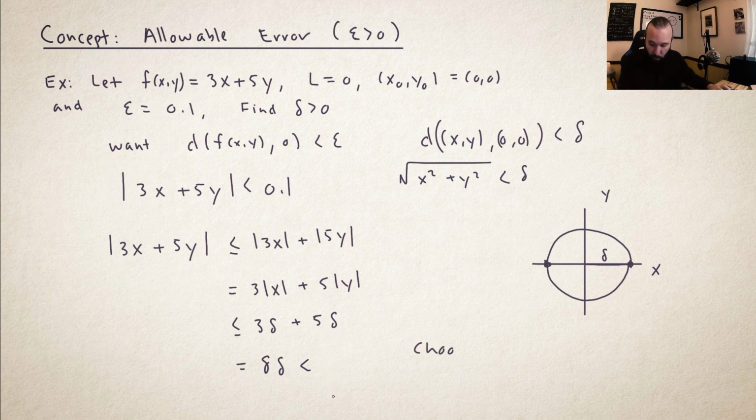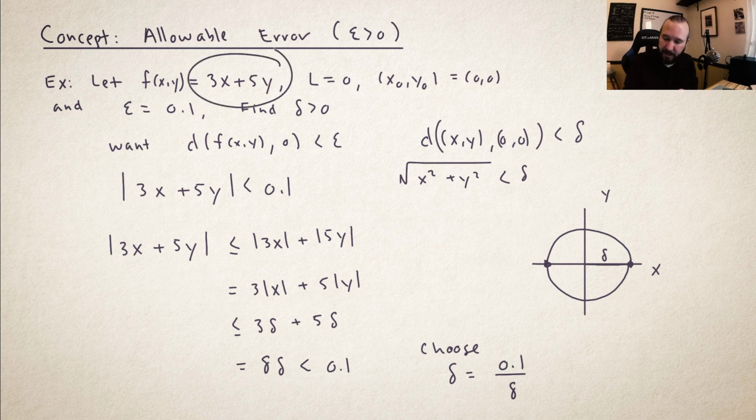Epsilon is 0.1. So what I want is 8 delta to be less than 0.1. So this time I will choose delta to equal 0.1 divided by 8. Okay, that's interesting. So long as I guarantee that x and y are in a circle of radius 0.1 divided by 8, I can guarantee that the distance between f of x and 0 is less than 0.1.